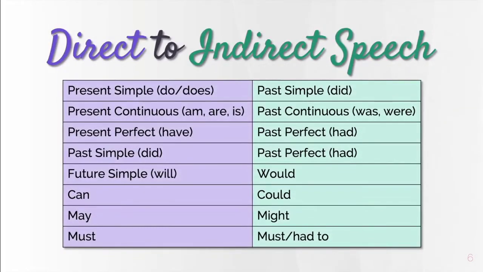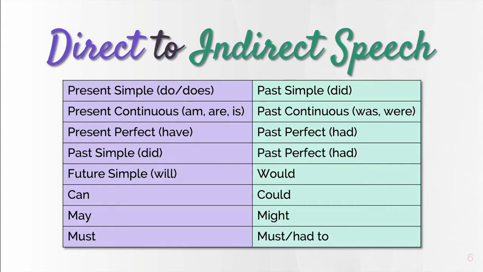So from direct speech on your left to indirect speech on your right. Present simple, do or does, changes to past simple, did. The present continuous, the verb to be am, are, is, changes to the past continuous, was or were. The present perfect, with the auxiliary verb have, changes to the past perfect with the auxiliary verb had.